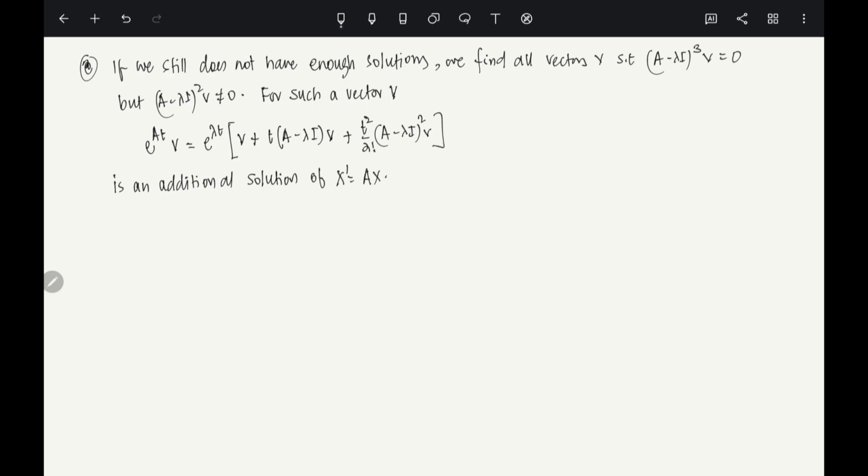Clear? Okay. So in a worst case scenario, we continue doing this and we hopefully obtain n linearly independent solutions.